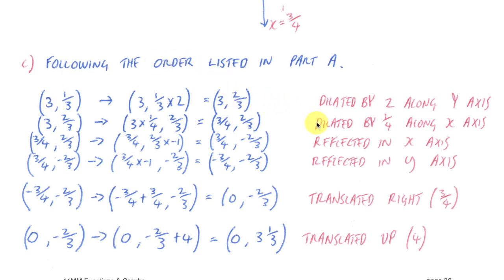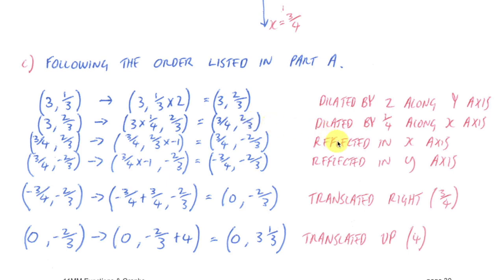Let's consider the next transformation, dilated by a factor of 1/4 along the x-axis, parallel along the x-axis. So this is affecting the x value now. So I take the 3, multiplied by 1/4, the y stays the same. So now this point has been moved to this point.